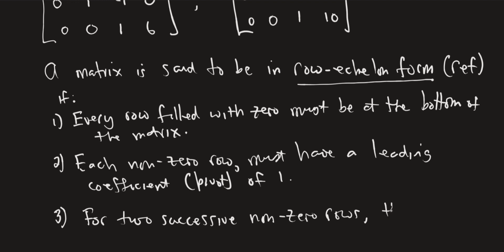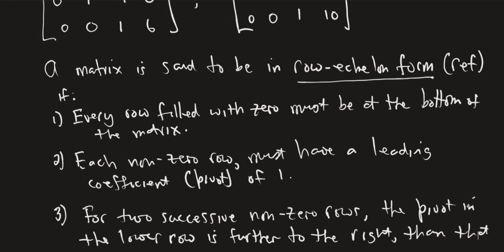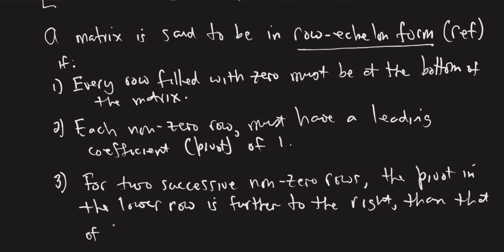The pivot in the lower row is further to the right than that of the higher row, right?